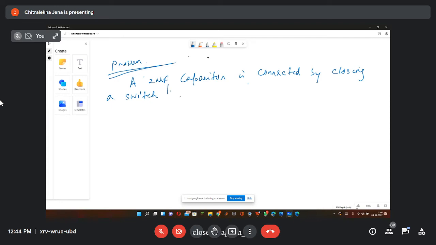to a supply of 100 volt through a 1 mega ohm series resistance.